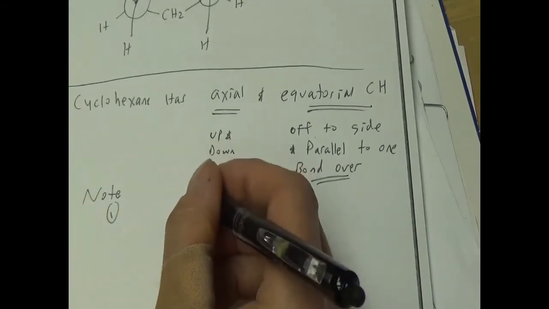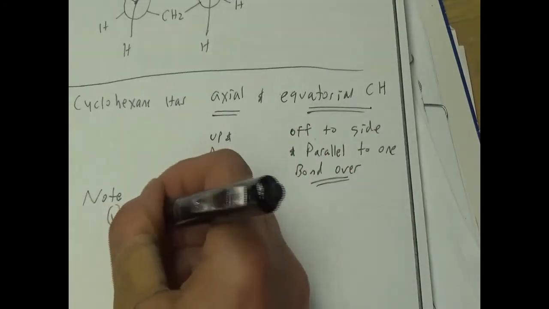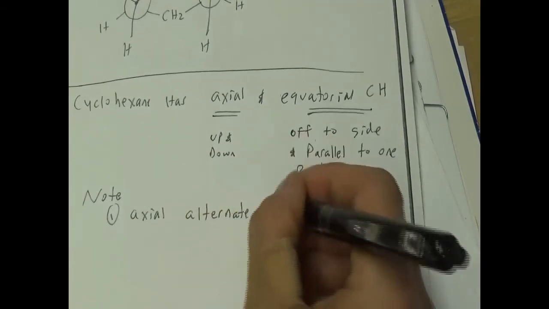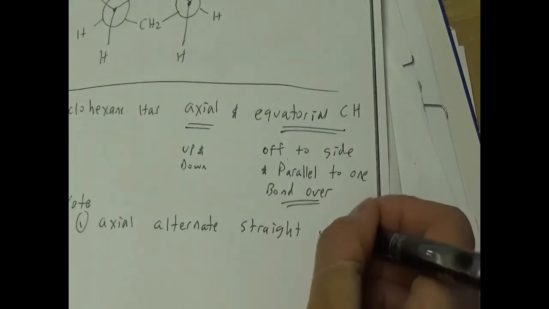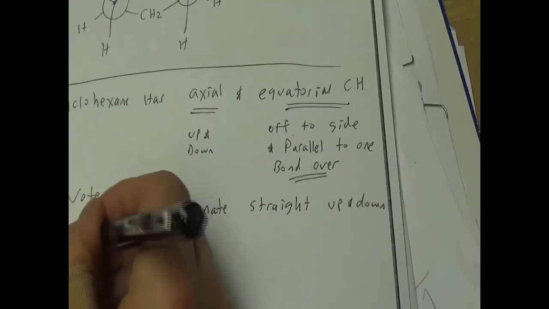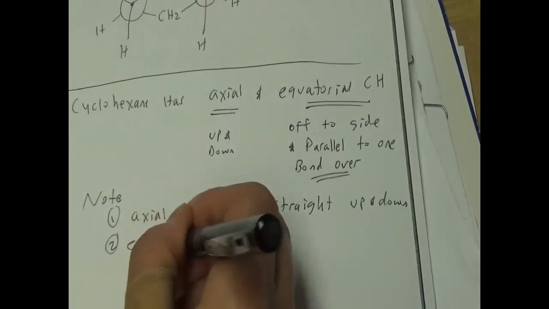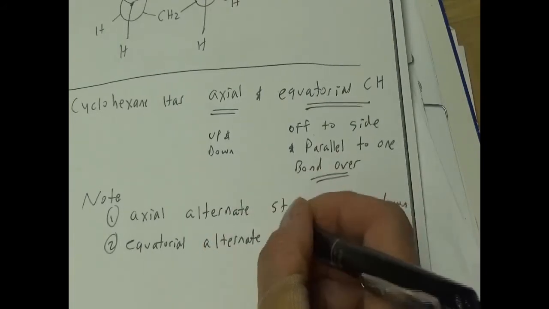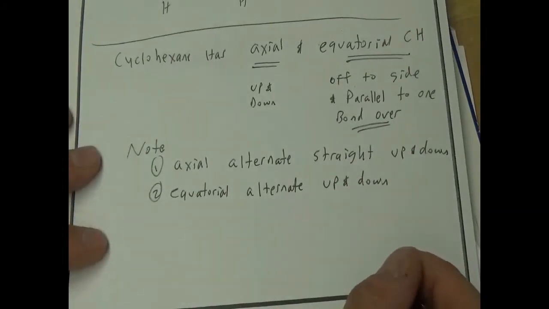wrapping up here pretty quickly. Axials alternate straight up and straight down. Equatorial also do, but they're kind of off to the side, right?